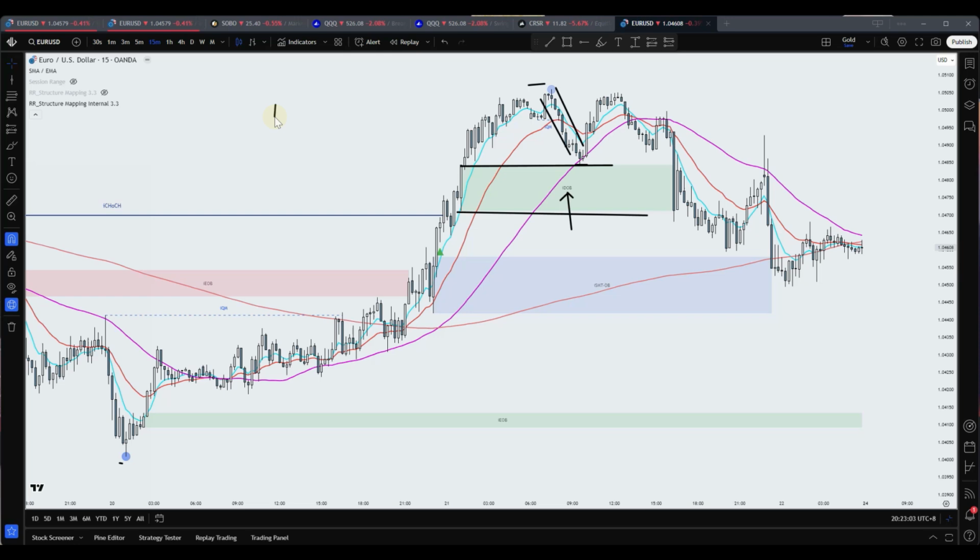The first question you need to ask, have these sellers diminished or dried out? If the answer is no, then why on earth are you looking for buy when the sellers are present in the market? You need to first diminish this move.